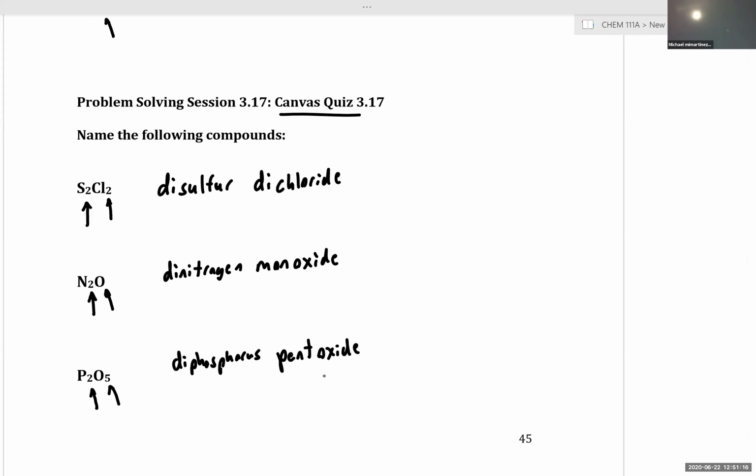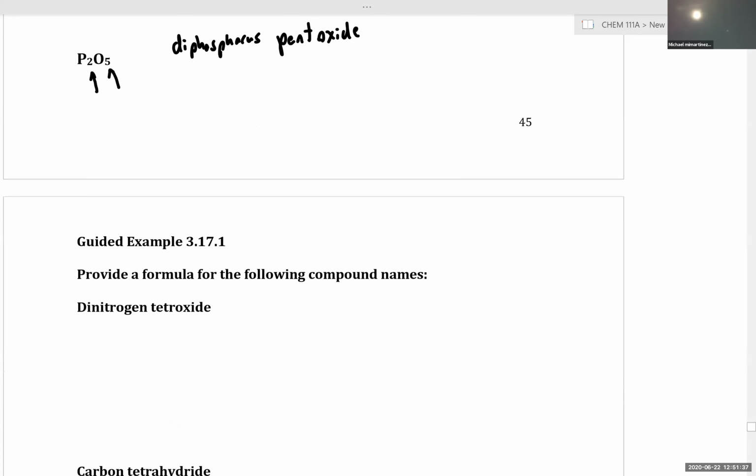Do these examples make sense to everyone? Any questions on these examples? So looking at the Canvas quizzes, the responses looked quite promising. Any questions on these examples before we move on? If not, let's move on to the next example.